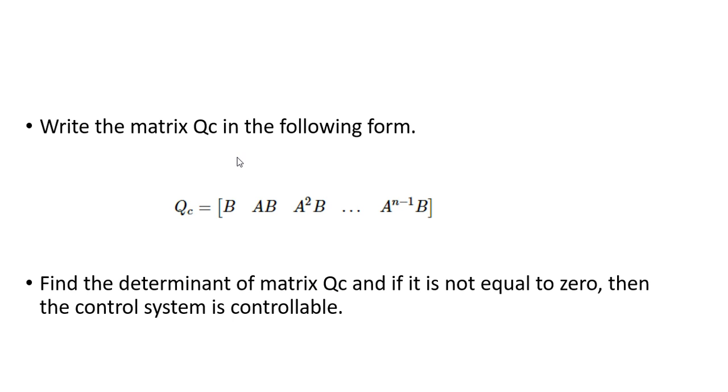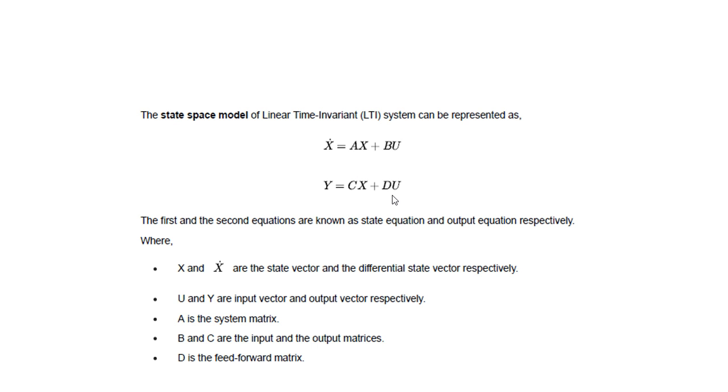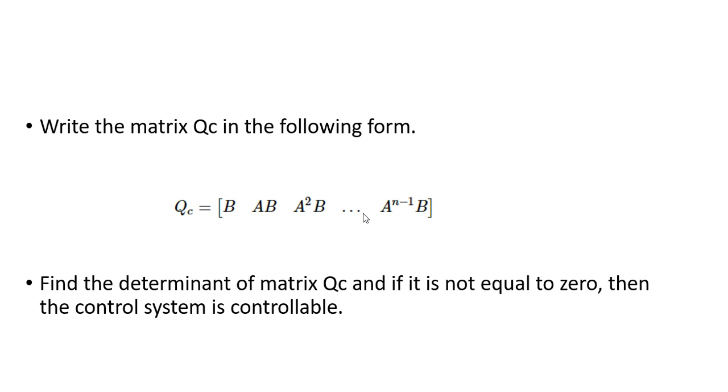Now see this carefully. Again I am explaining the procedure. We have to obtain B and AB with the help of the equations given over here. We have to convert that equation into our required form, and then find the B matrix and A matrix. Then we find QC with the help of this formula.